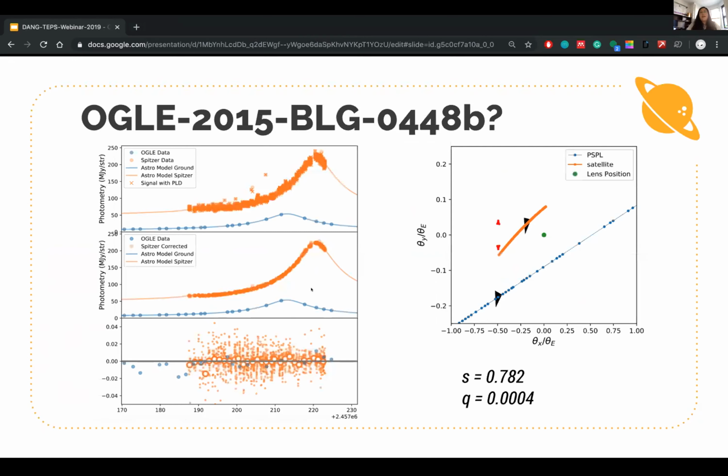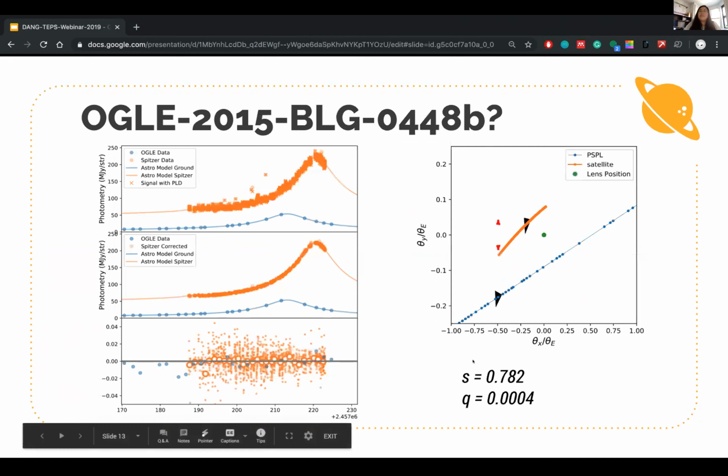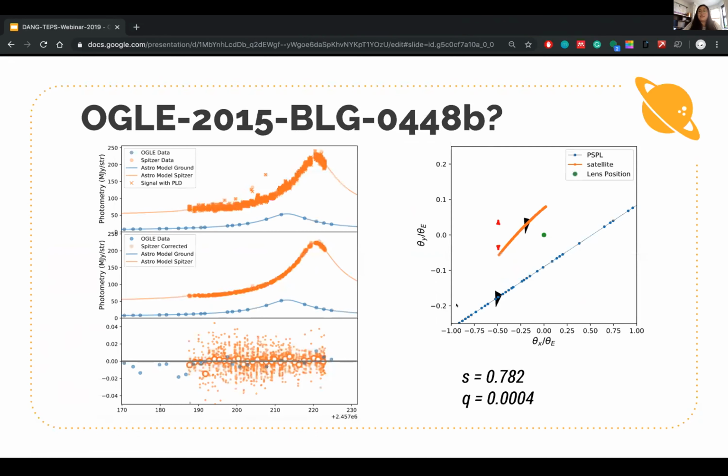So you would end up with a planetary system with a projected separation of about 0.7 in units of Einstein ring, and a mass ratio between the planet and the star of 0.04%. I still have to convert these into actual units, but it's reassuring to know that the model seems to prefer the planetary system. Maybe this means that this is another planet that adds to this campaign.